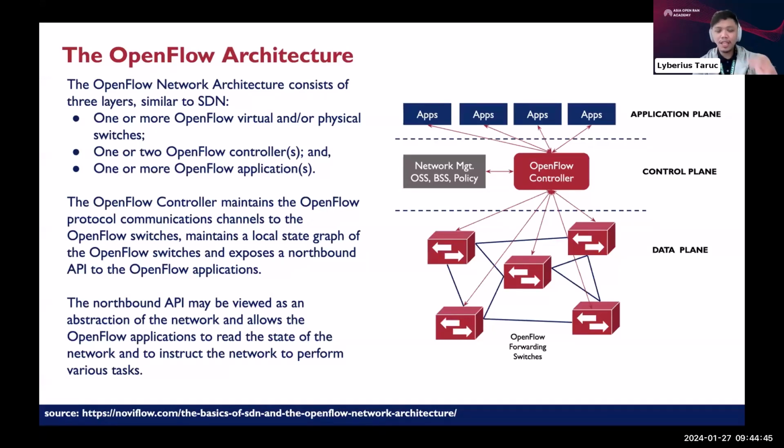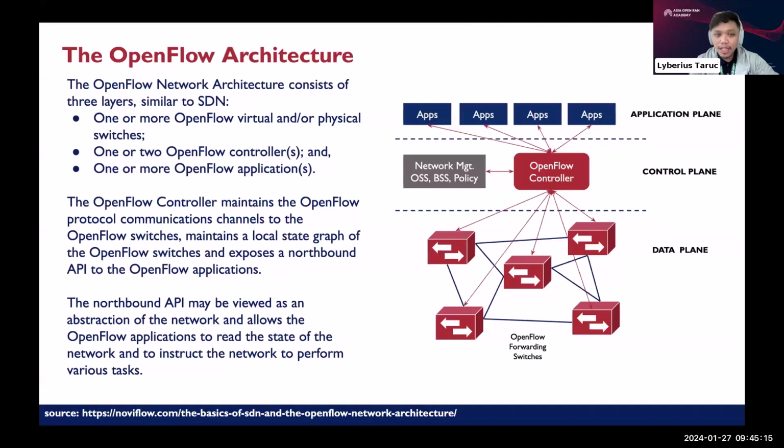Just to summarize the architecture in itself, the OpenFlow network architecture consists of three layers still, similar to SDN. You have one or more OpenFlow virtual or physical switches. Take note of that one, virtual or physical, or it can be a mix. One or more OpenFlow controllers, and finally, one or more OpenFlow applications. The OpenFlow controller maintains the protocol communication channels to the switches.